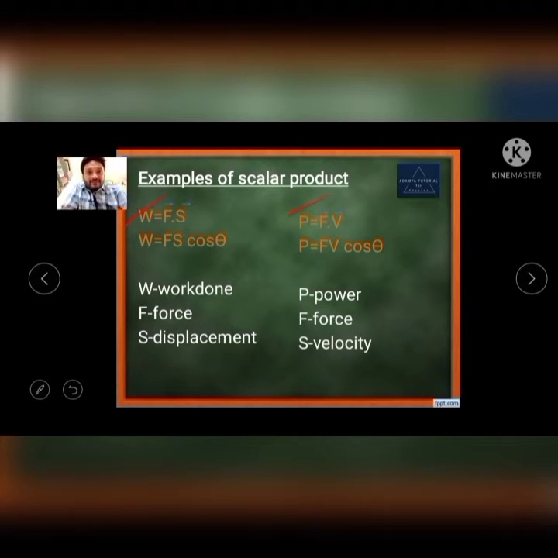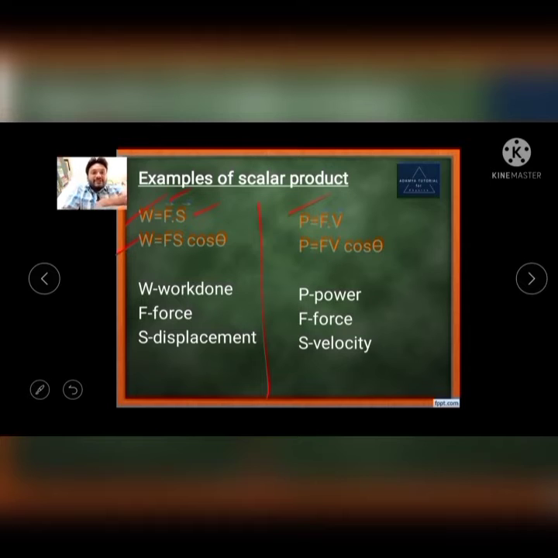You can see here we have two vectors, force vector and displacement vector. These two are vector quantities. When you calculate the dot product or scalar product between any two vectors, the result will be a scalar quantity only. In the first example, we have force vector as well as displacement vector.